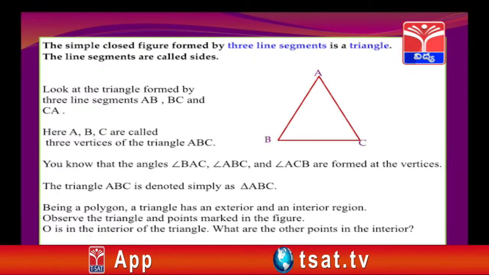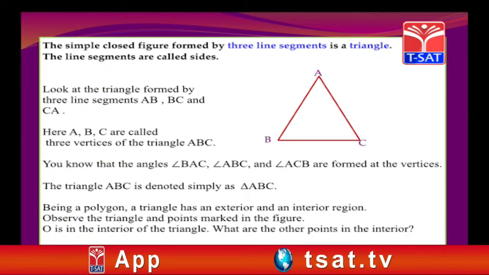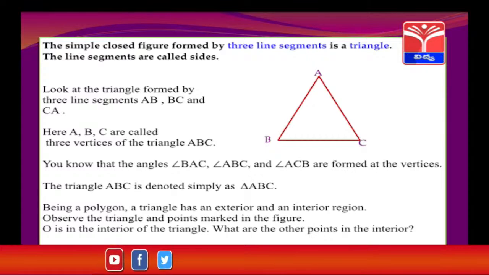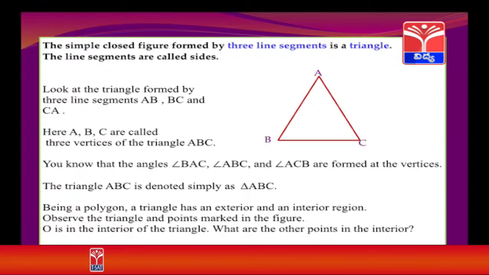A, B, C are the 3 points called the vertices of the triangle ABC. You know the angle BAC, the angle ABC, this is the interior angle, and angle ACB. So, the triangle ABC is denoted simply as triangle ABC.